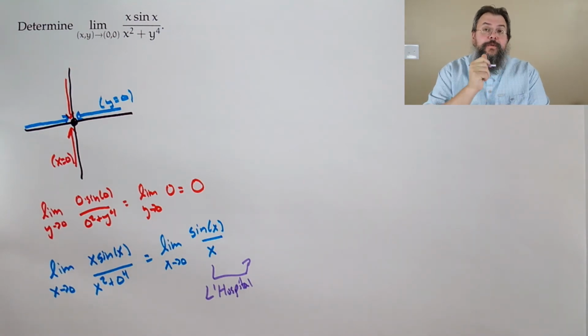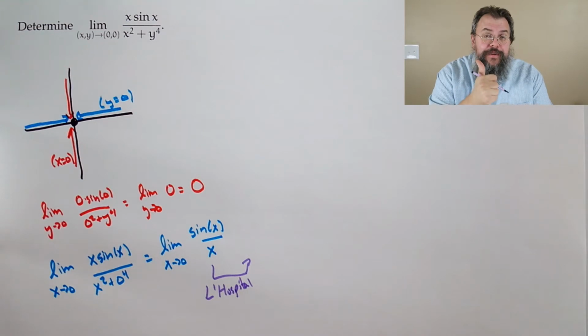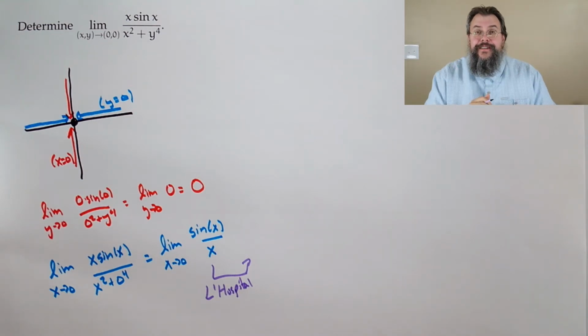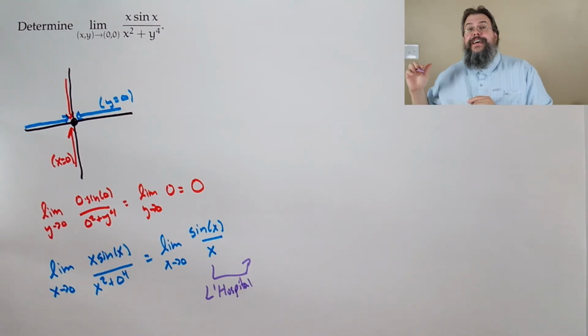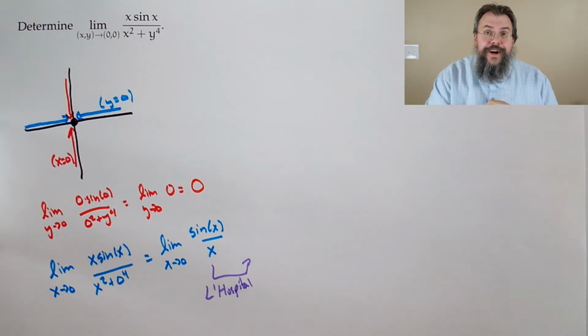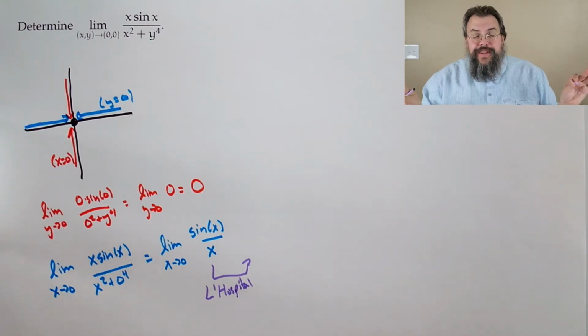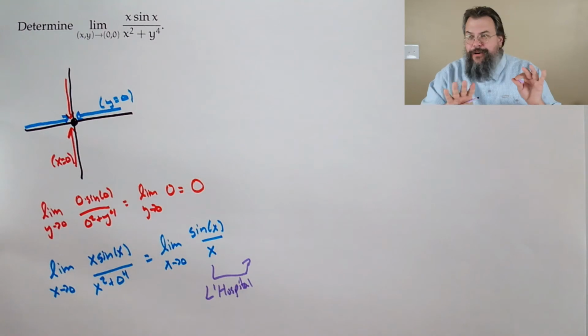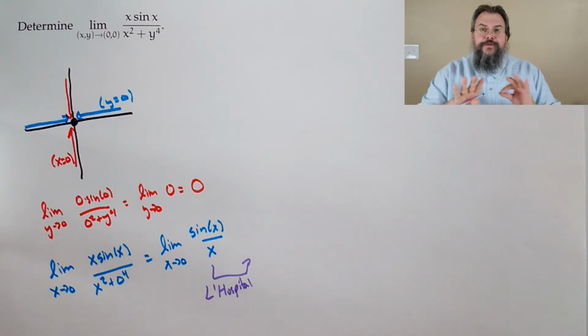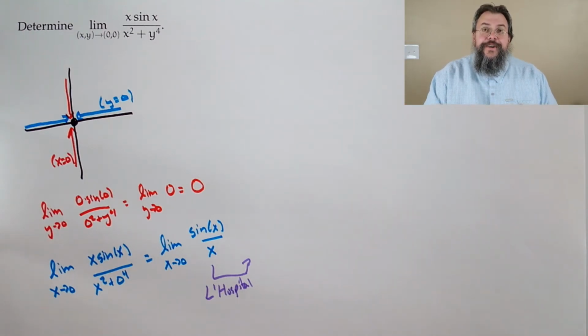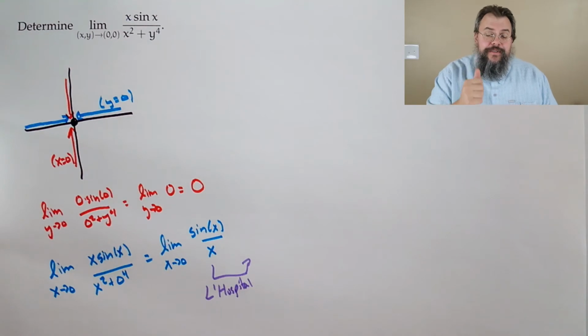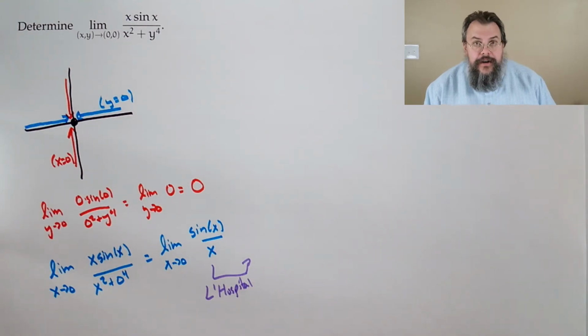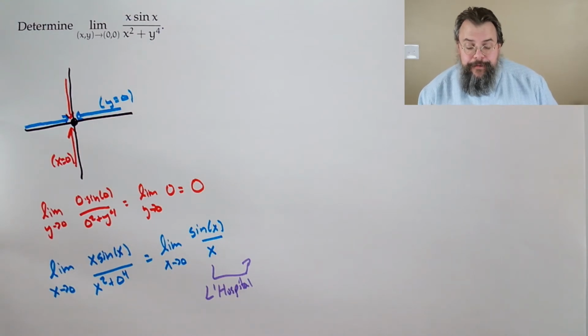If we're doing a limit where there's just one variable involved, yes, L'Hopital is allowed. If there's two or more, no, L'Hopital cannot be done. So if you're down to a single variable, yes, L'Hopital is fine. Otherwise, you just have to find some other way.